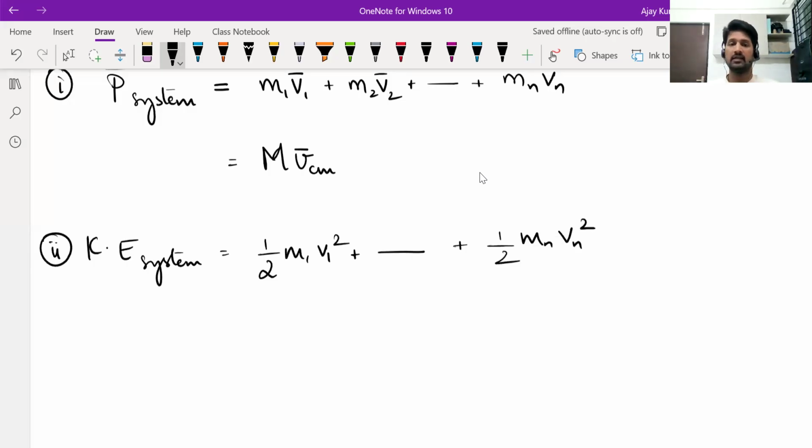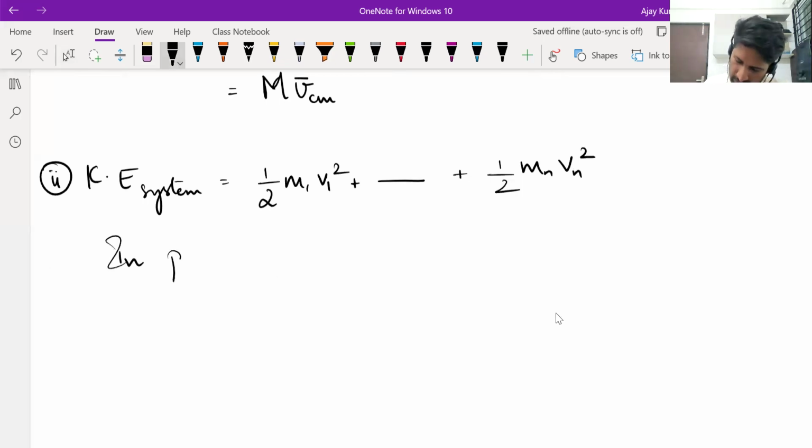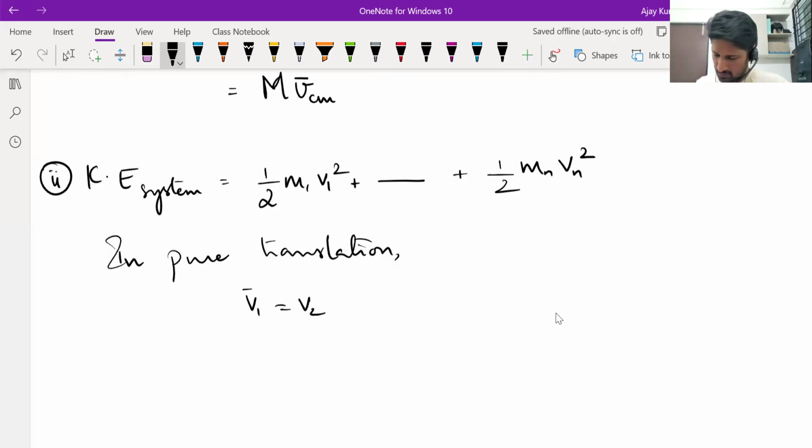That is how you find out the kinetic energy of a system of particles. But suppose the system is undergoing translation. Okay, in pure translation, v1, v2 so on up to vn, they are all equal and they are all equal to velocity of center of mass, right?